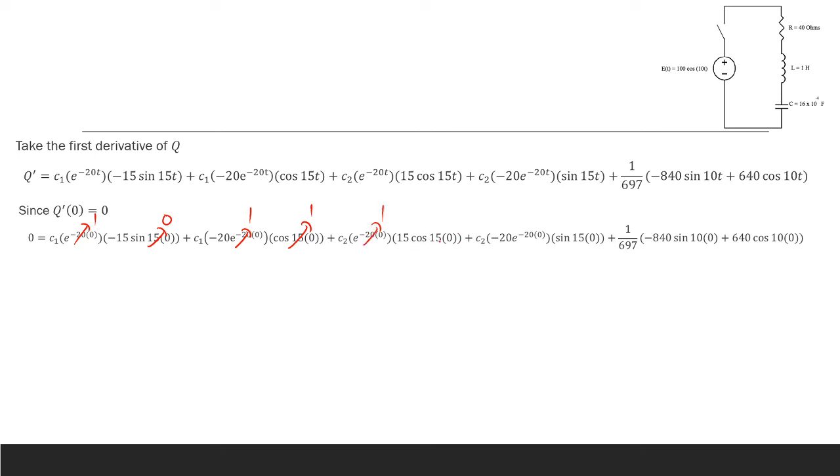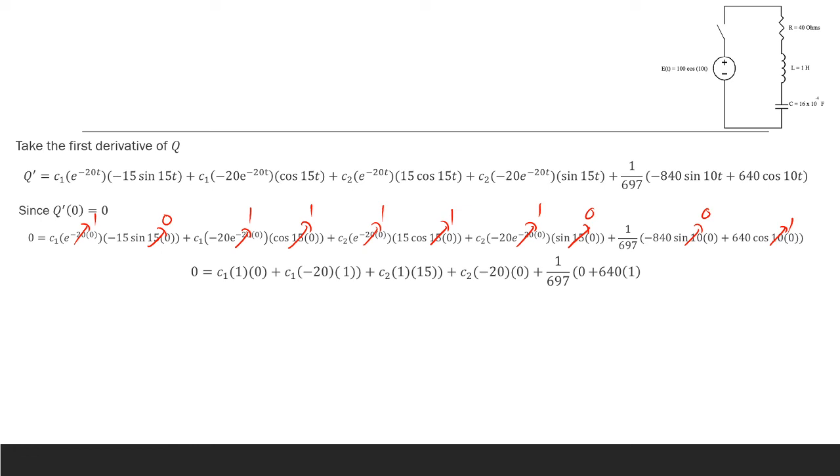Times 15 cosine 15 times 0. This is equal to 1. Plus C2 times negative 20 e raised to negative 20 times 0. This is again equal to 1. Times sine 15 times 0. This is equal to 0. Plus 1 over 697 times negative 840 sine 10 times 0. This is equal to 0. Plus 640 cosine 10 times 0. This is equal to 1.